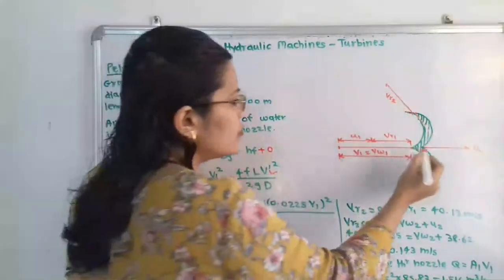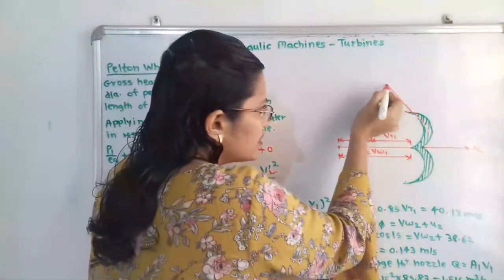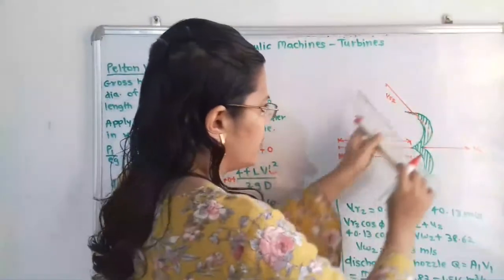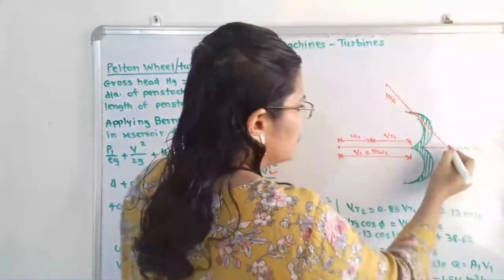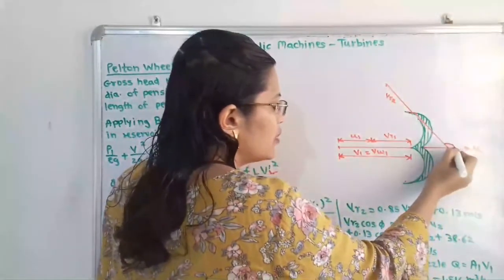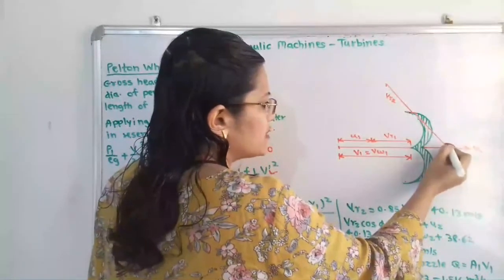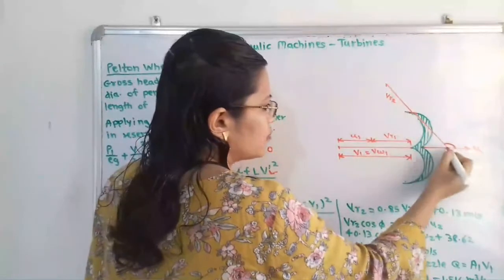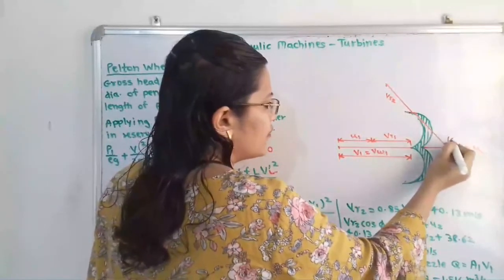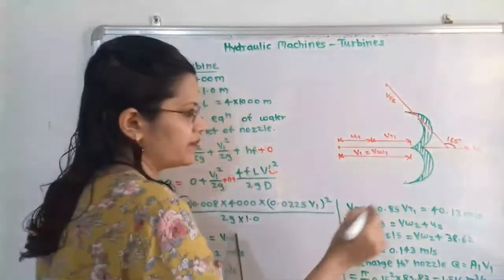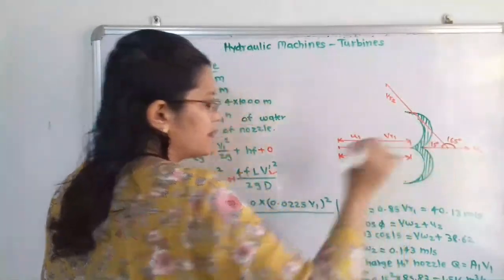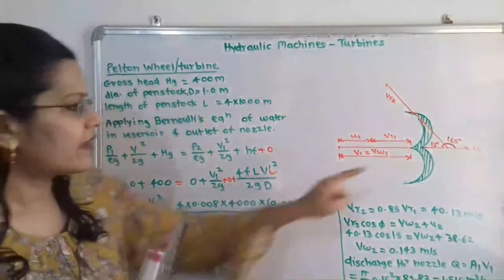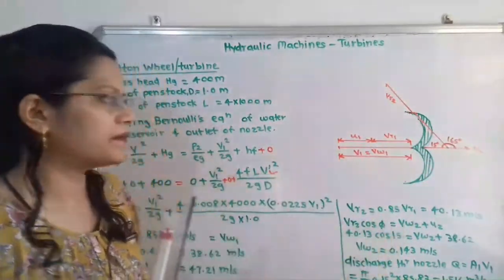We have to extend this VR2 in the backward direction. Here is the point of intersection. The angle between VR2 and U2 is known as the angle of deflection, that is 165 degree. Now we take the remaining angle, that is 15 degree. This angle phi is 15 degree.